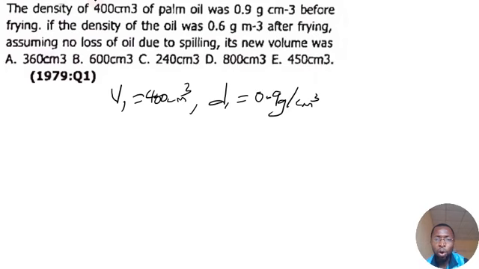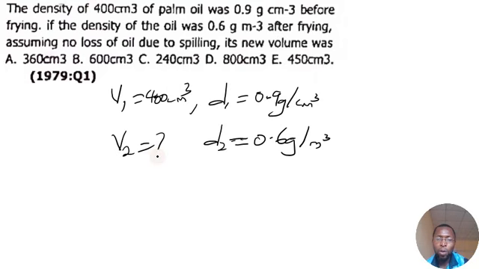Now if the density of the oil was 0.6 gram per meter cube, now D2 happens to be 0.6 gram per meter cube after frying, assume no loss of oil due to spilling. With the new volume, you have to look for V2.